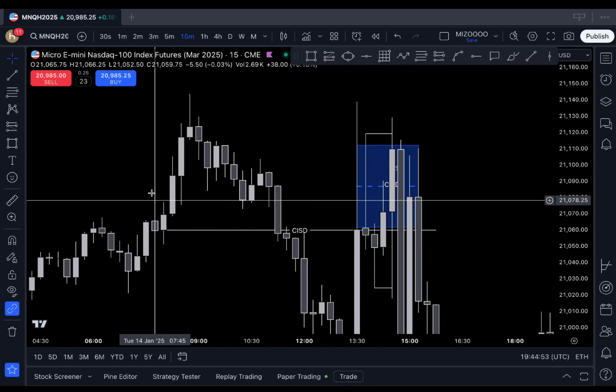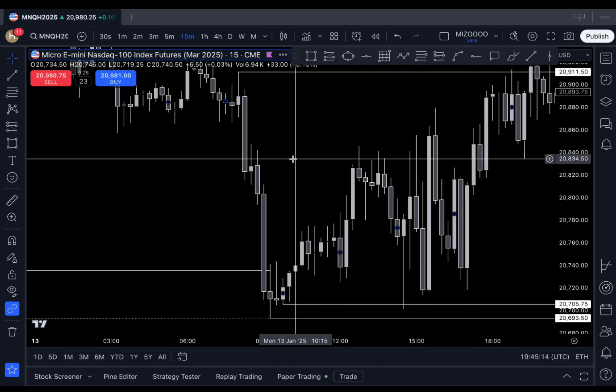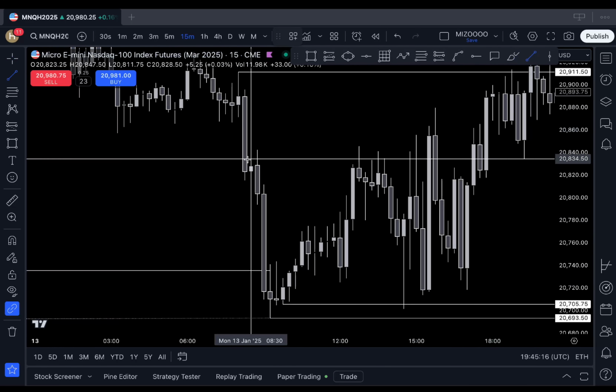Okay, now if you're getting confused with the bullish and the bearish change in states, it's really easy. So if you've got bearish candles, like we have here, so there's four candles here. If they're bearish and you create an SMT from a bearish candle, that change in state of delivery will be bullish. Okay, so the price is going to want to come fill this once you create the change in state of delivery, like you did here, ran back down, came back to whatever, and then went up.